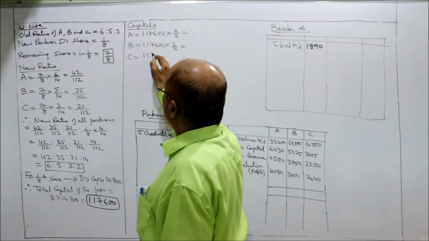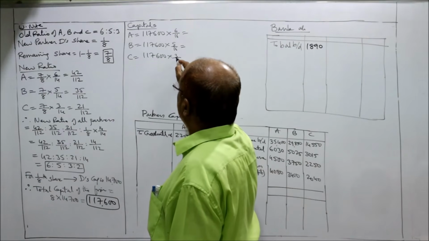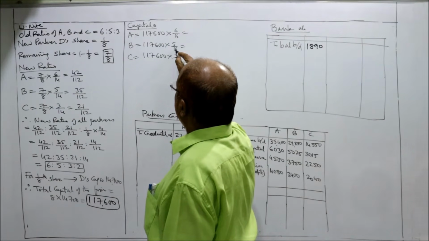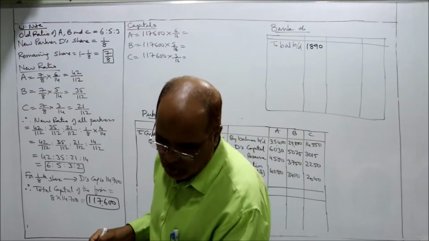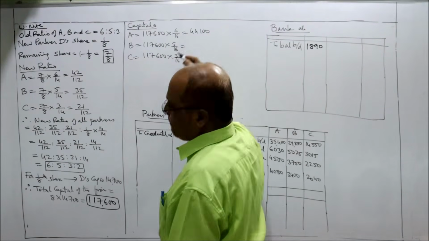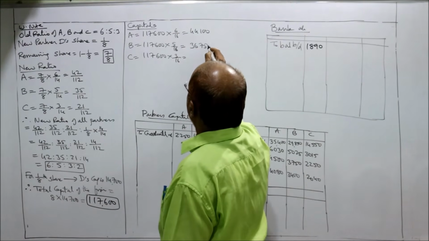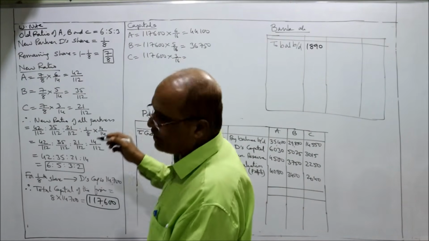C is equal to 1,17,600 into 3 by 16. So you are going to get 44,100. Here it will be 36,750. And last one is 22,050.